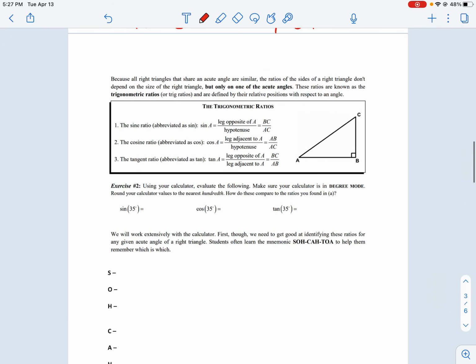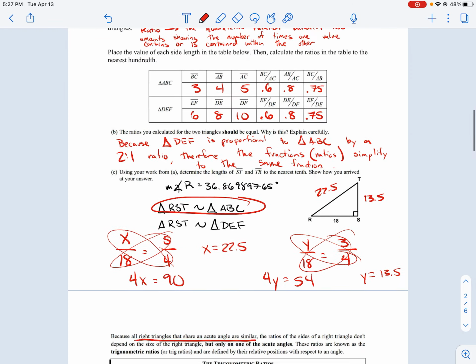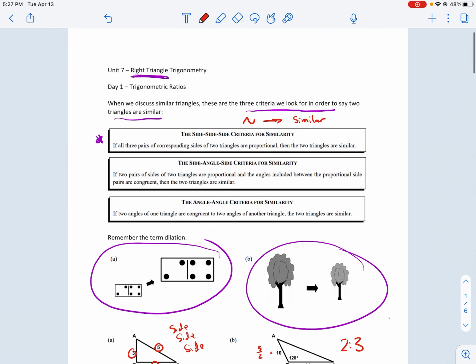So what they're saying is this: because all right triangles that share an acute angle are similar. Okay? That ties back into this guy right up here. Because if they got one angle, so if this is 35 and this is 35, okay, but we know they're both right triangles, well, then we could say those two triangles are similar because they have two congruent angles.